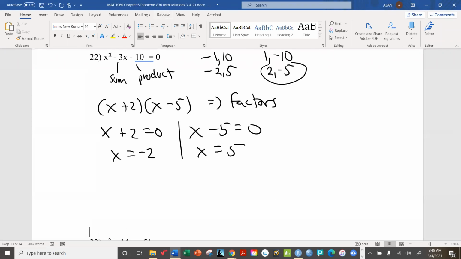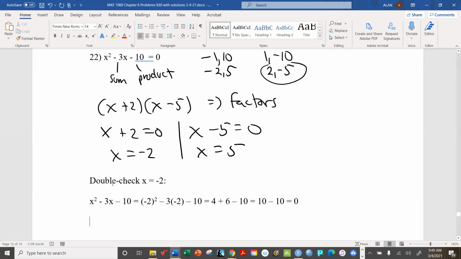All right, so once again, I'll just double check both of these real quickly and make sure that these cause this function to be equal to 0. So -2 squared minus 3 times -2 minus 10 is 4 minus -6 minus 10, plus 6. God, I almost blew it there. 10 minus 10 is 0. Great.